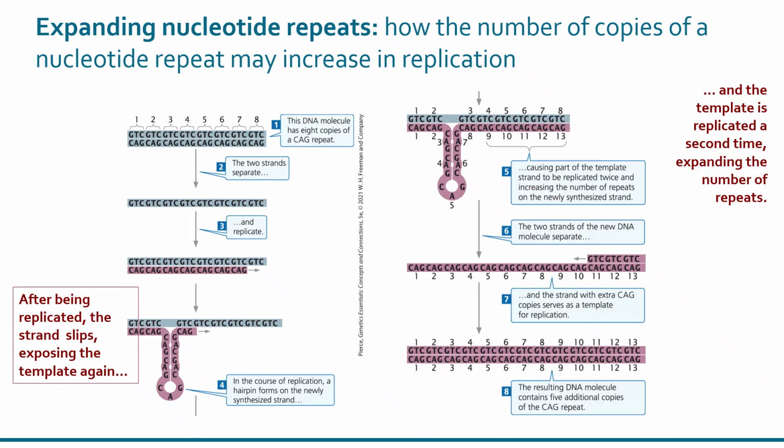nucleotides, and because of complementary base pairing, if any strand happens to pull apart and slip, it can pair within itself, and we end up with this hairpin turn like we saw in the structure of RNA.